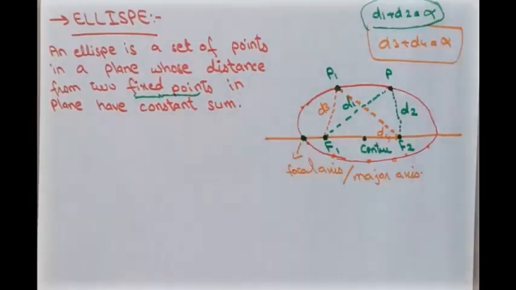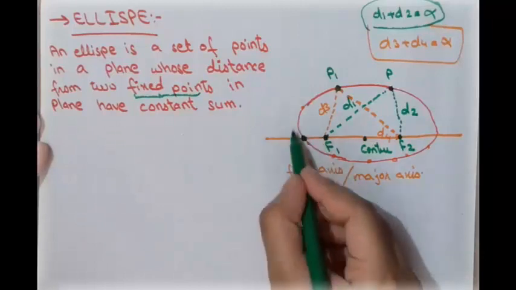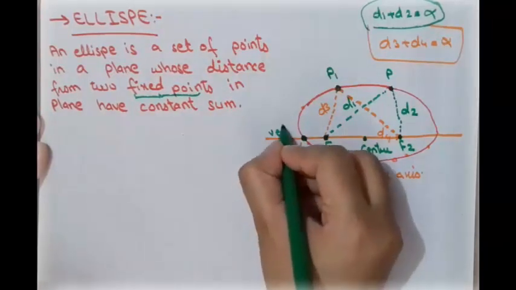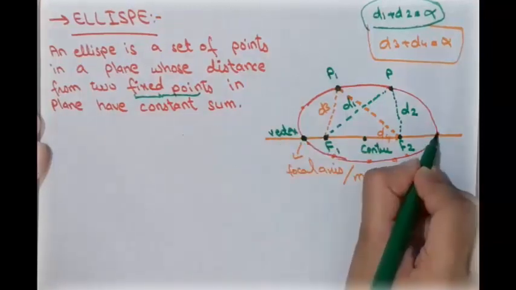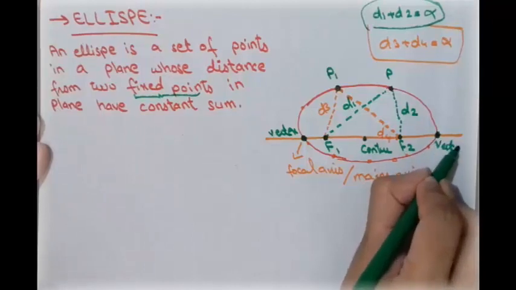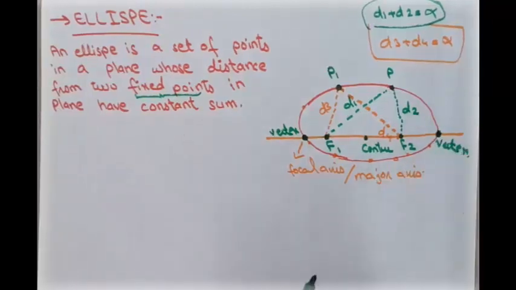At this point where the focal axis and the ellipse cross each other, there is a vertex, and in a similar way, here is another vertex of the ellipse. Always remember that the foci of an ellipse always lie on the major axis.